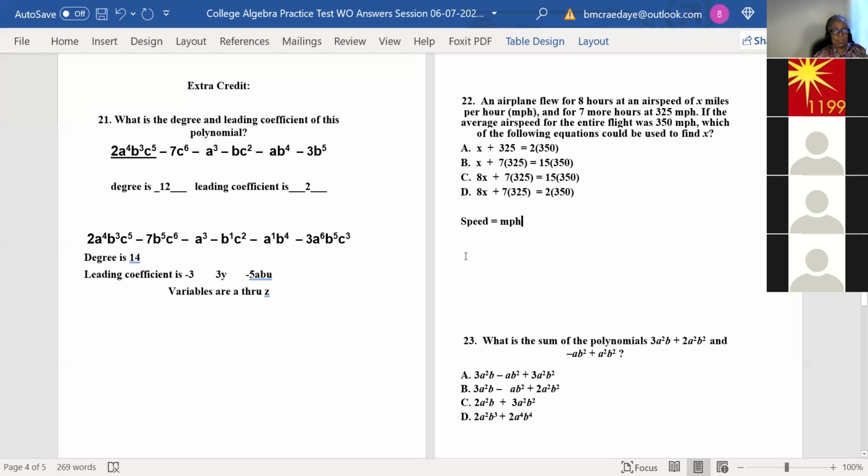So if you had to find the average, how would you set it up, Audrey? How would you set up what they gave you? 8 hours at X miles, 7 more hours at 325 miles per hour, and the average was 350.